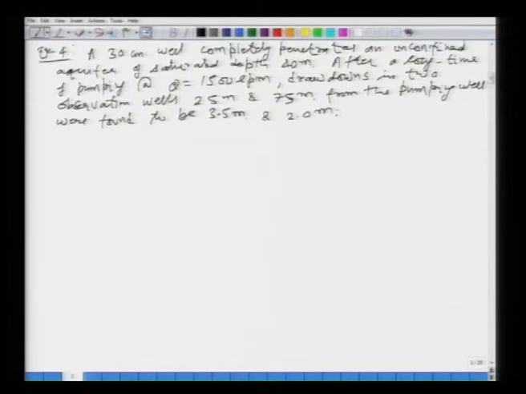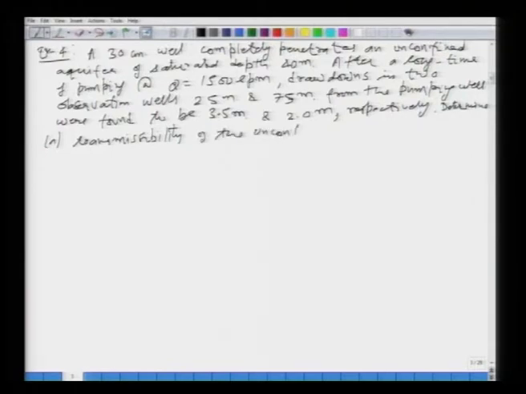These are the drawdowns S1 and S2 at R1 and R2, this is given to us, respectively. Now, what we have to do in this problem is determine A, the transmissibility, the aquifer parameter of the unconfined aquifer.